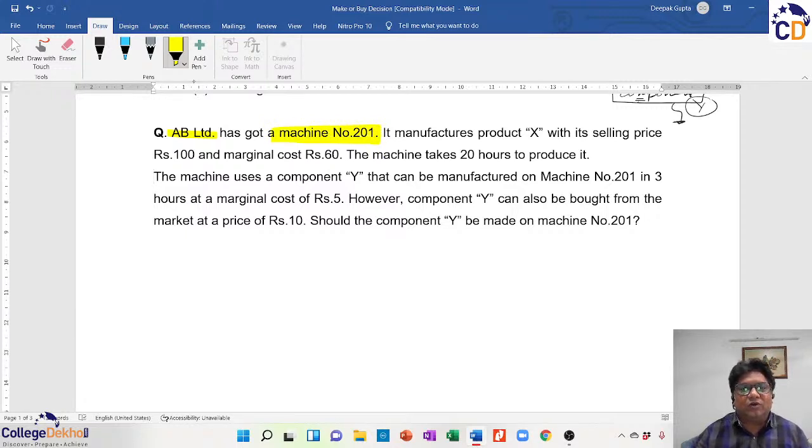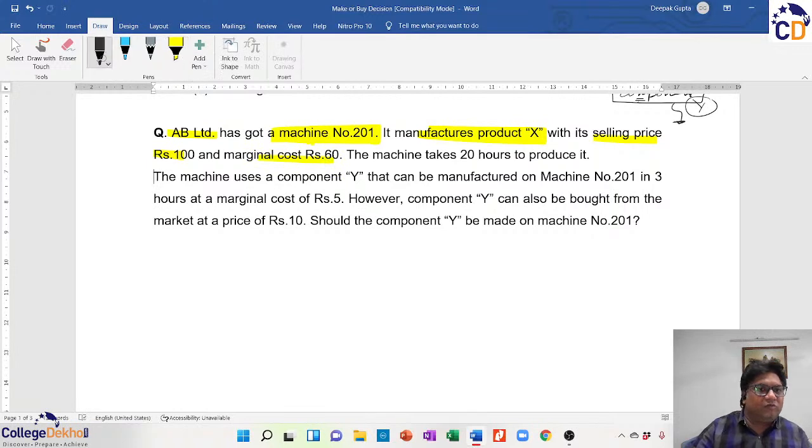This number is just for reference purposes; there is nothing special about it. It is just for reference that you have a particular machine which creates a particular kind of product, and that product manufactured is product X, which has a selling price of rupees 100 and marginal cost of rupees 60.